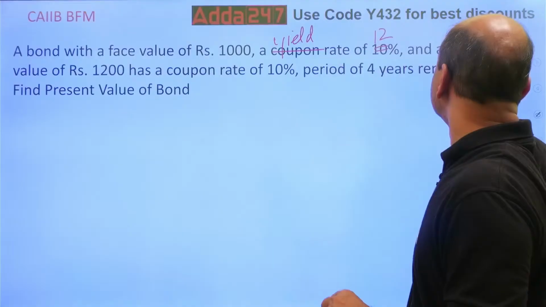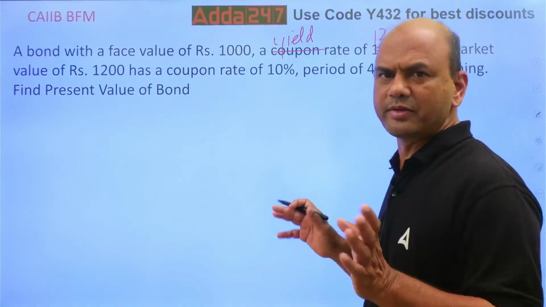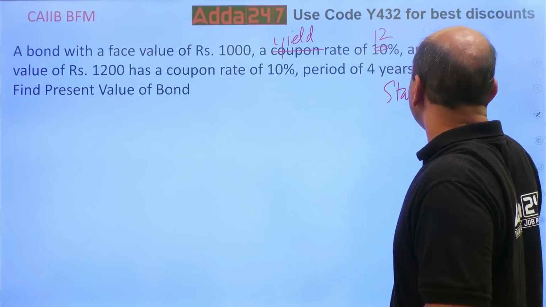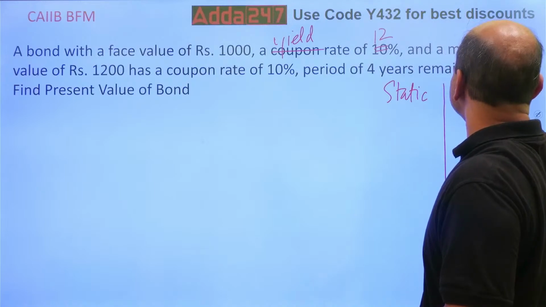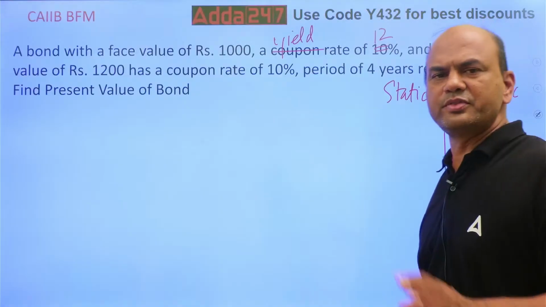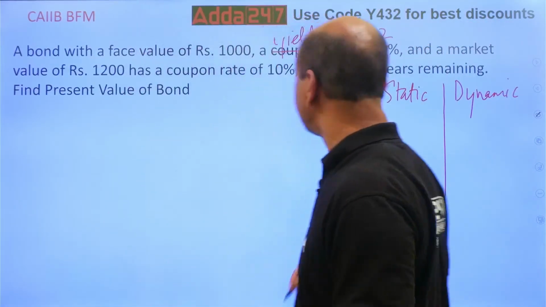I'll write it into 2 parts because this is what I do as a bifurcation. The 2 parts are static and dynamic. Dynamic means which change. Static means which will never change. So what is static in this? Face value.